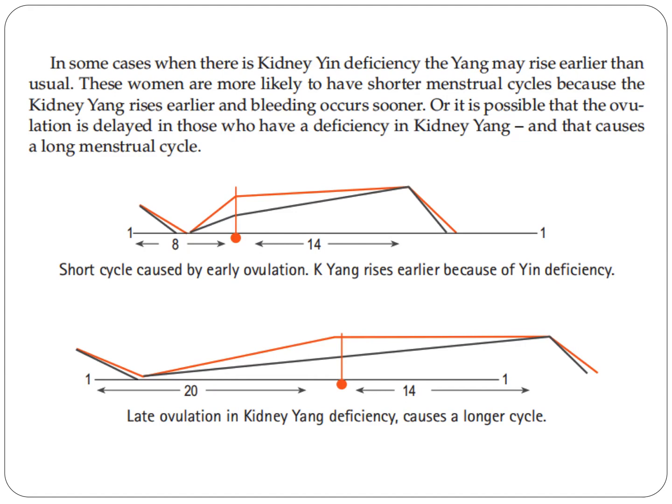So the first illustration is a short cycle caused by early ovulation. Kidney yang rises earlier because of yin deficiency. And in the next illustration, late ovulation in kidney yang deficiency causes a longer cycle. Okay po?